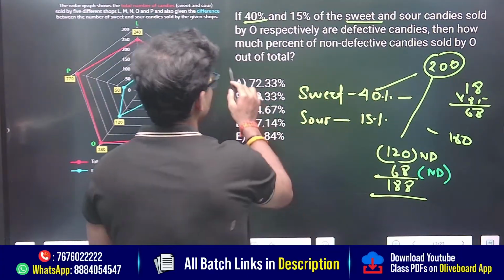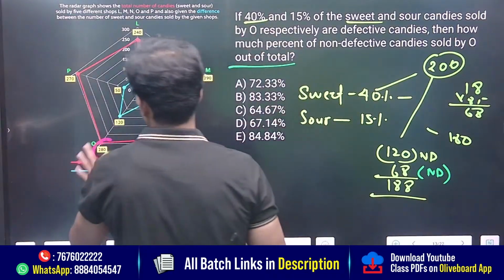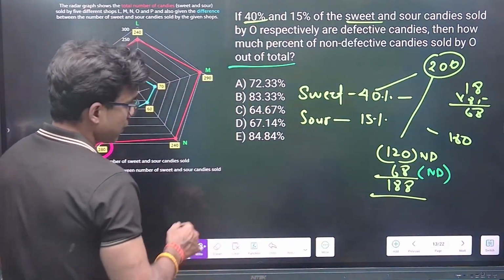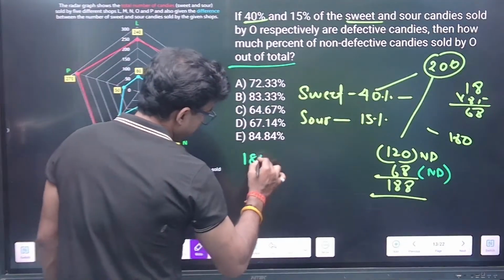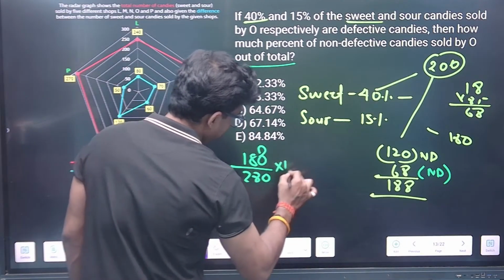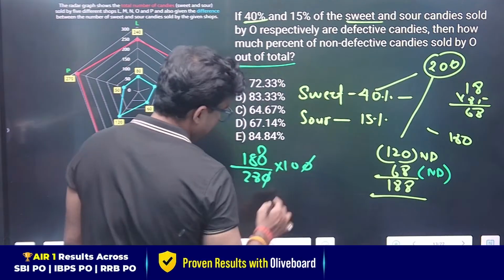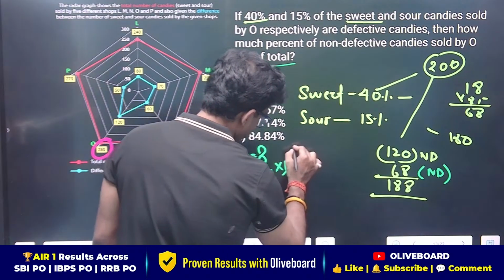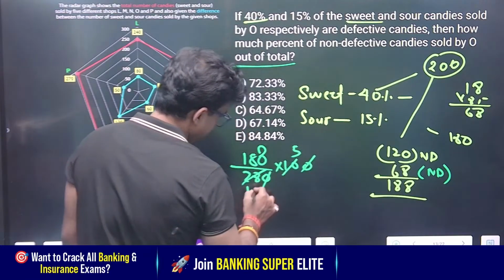Out of total O, total O is basically 280. Am I right? Total is basically 280, no? So 188 of 280 multiplied by 100. 0 cancelled out. This goes 5 times, this goes 1 times, 4 times.